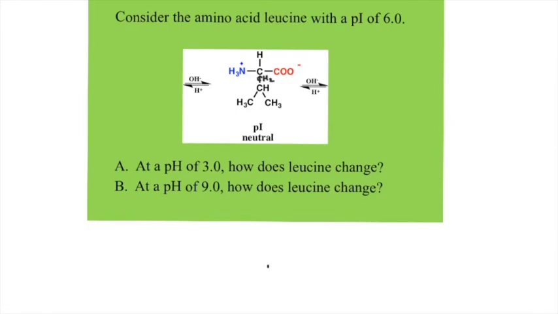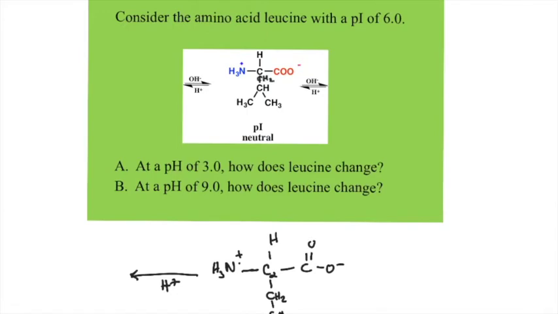And so I'm going to draw, this is my C alpha, this is my NH3, we'll draw 3's over here. This is our COO minus, and actually I'm going to draw out that carboxylic acid group. Okay, this is my H. And then I have CH2, and then CH, and CH3, and CH3. Okay, and as I go lower in pH, right, I'm going to add more protons to the solution.